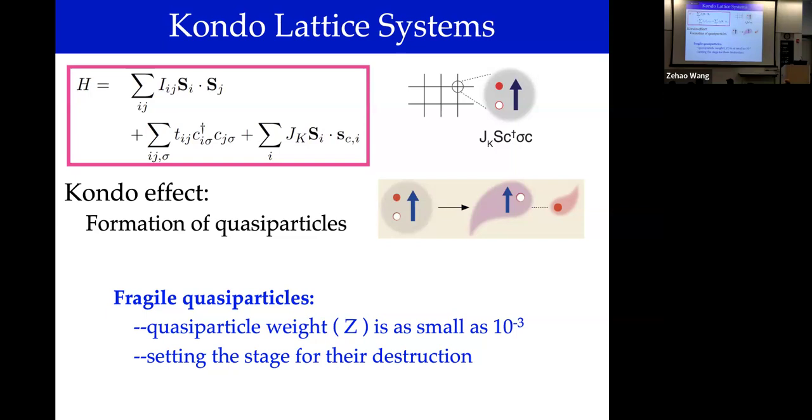And in this talk, I want to show that there's a route towards the breakdown of the quasi-particles completely.